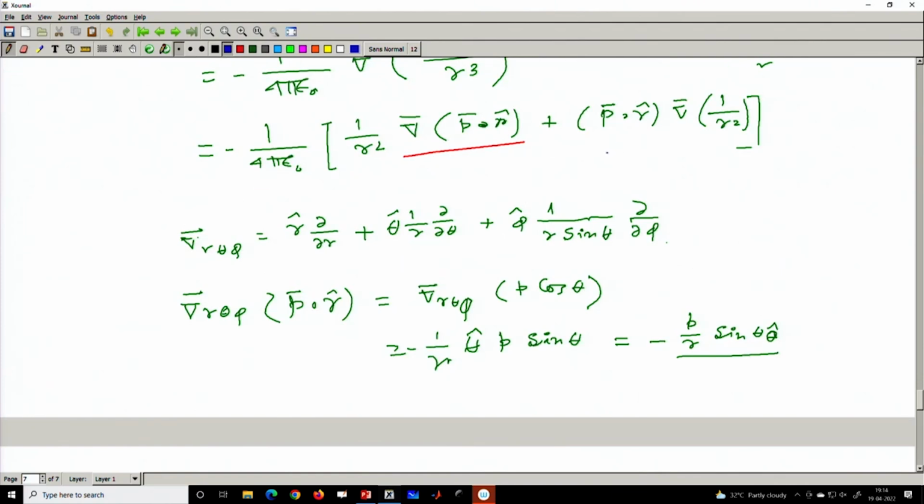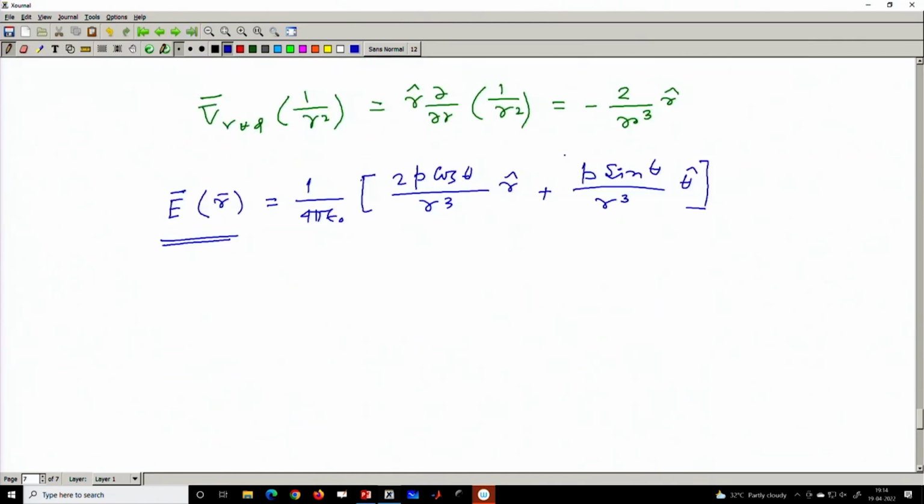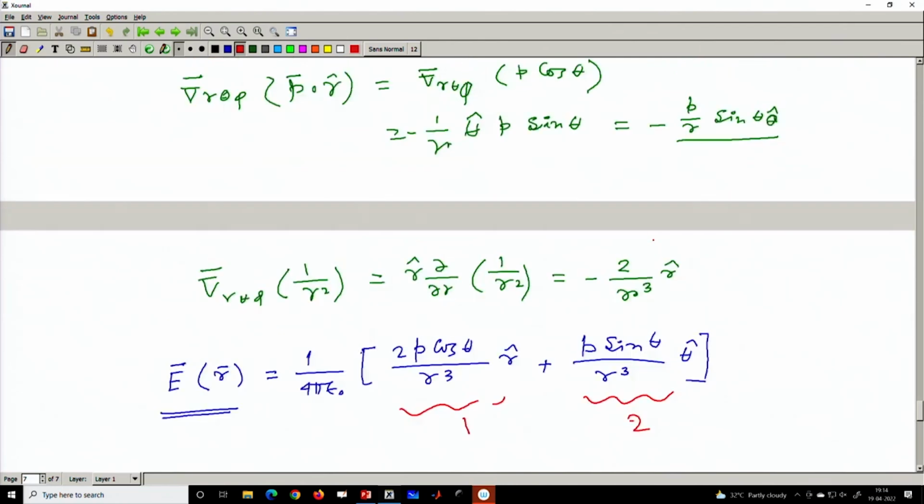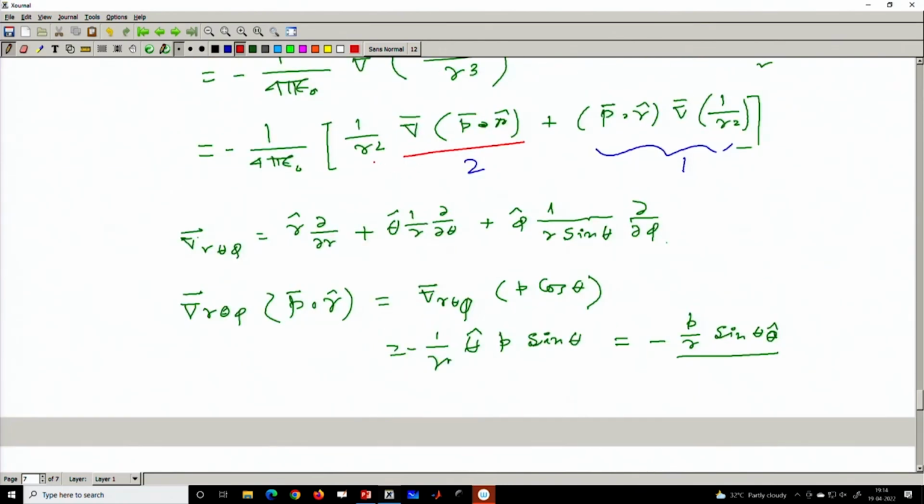So this is my one term and this is my second term, whatever I get, p by r sin theta. So p by r square, already 1 by r square is there.